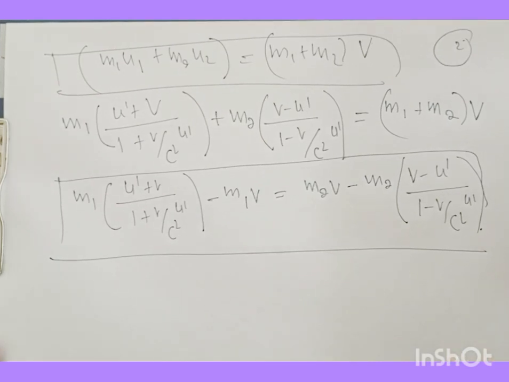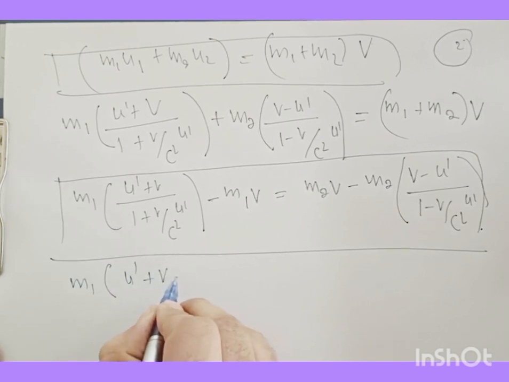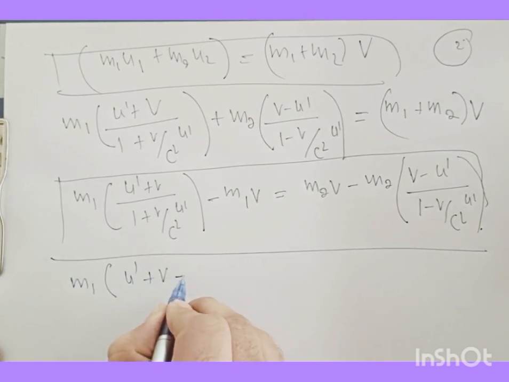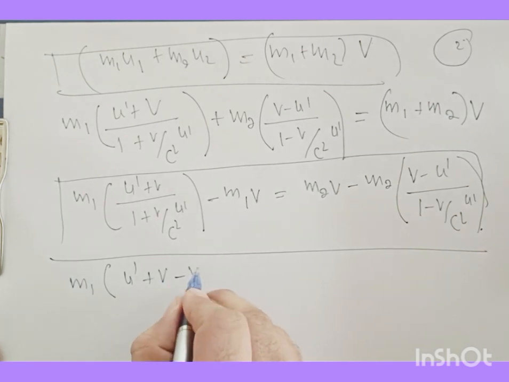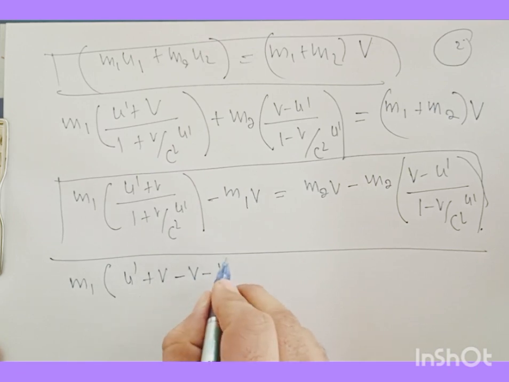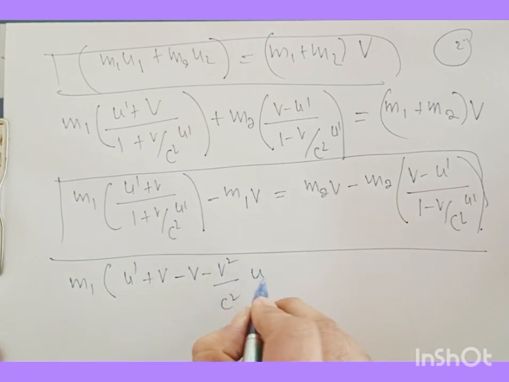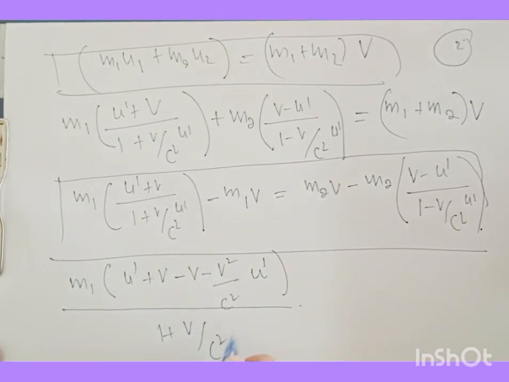Fine. So here we will have common m1. So what will be inside? It will be u' plus v, then minus v, then minus v²/c² u', divided by 1 plus v/c² u'.